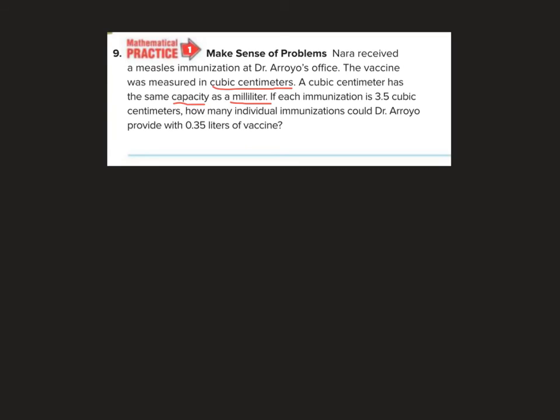Okay, so cubic centimeters, milliliters, same thing. If each immunization is 3.5 cubic centimeters, how many individual immunizations could Dr. Arroyo provide with 3,500 liters of vaccine?